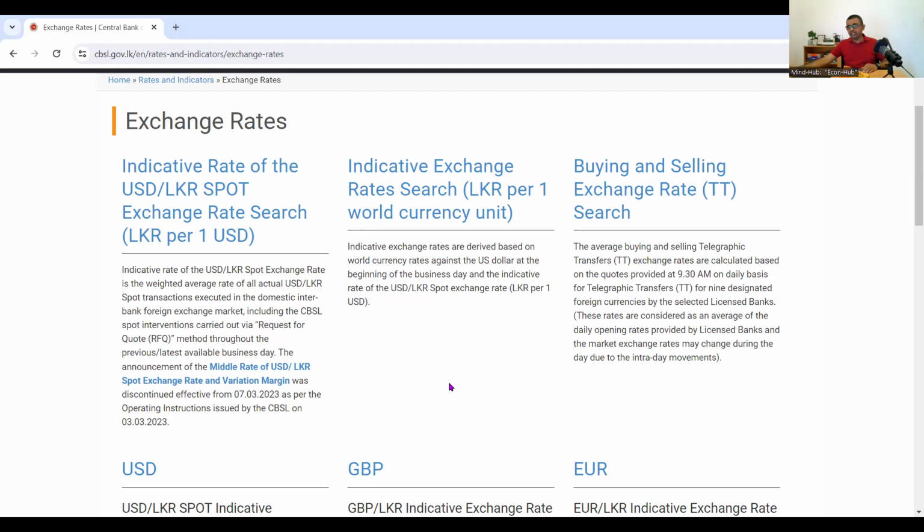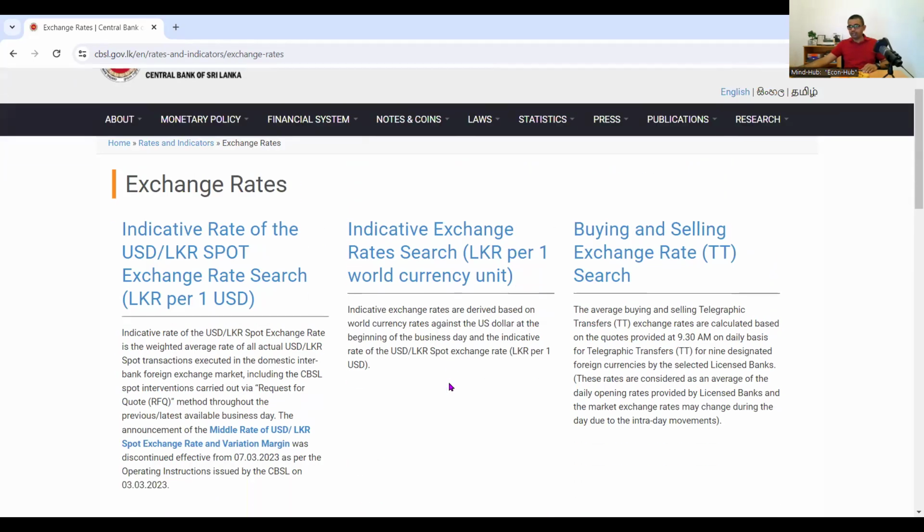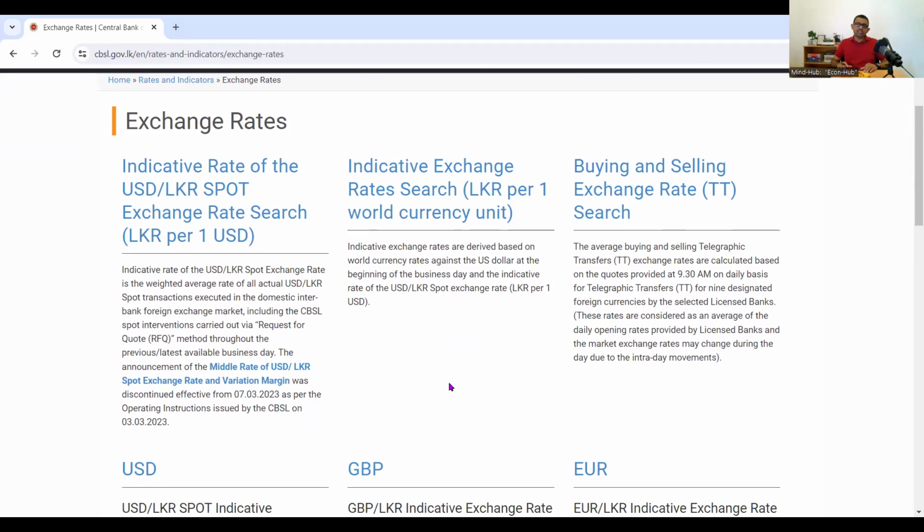But you definitely need to be updated on this. So if someone asks me, sir, what is indicative rate? Is it a floating system? Is it a fixed system? Is it managed floating? It's a certain type of managed floating system that is being followed.